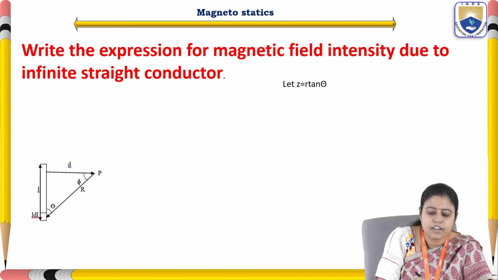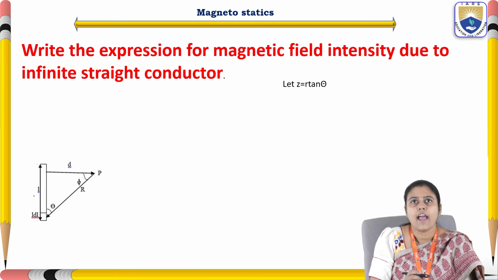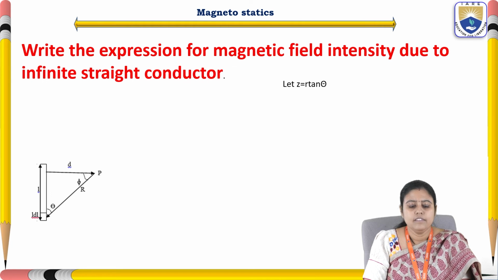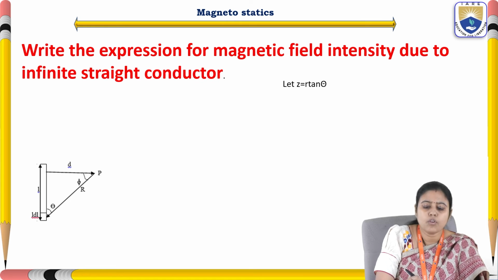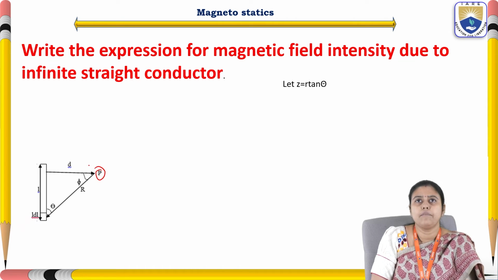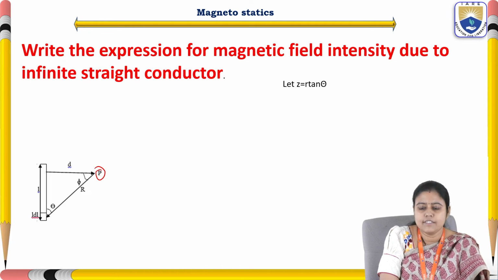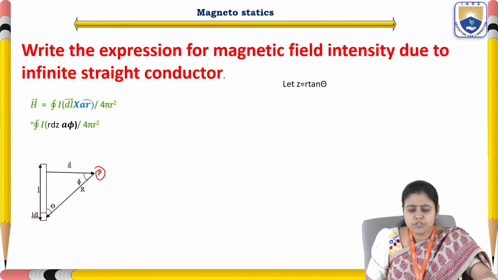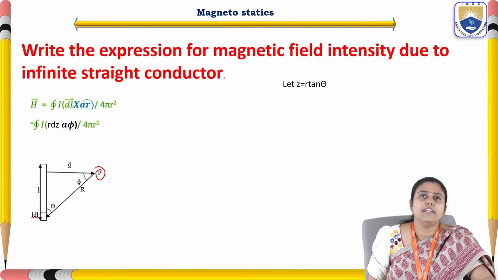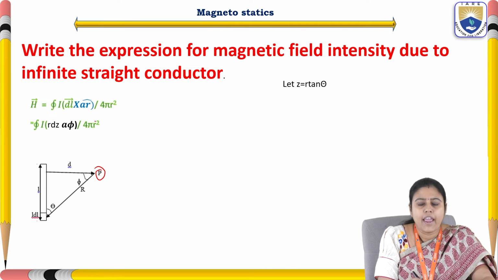Now think, this is an infinite straight conductor and the length is L. The amount of current flowing through it is I. We have to calculate the intensity at point P at the distance R. According to what we discussed earlier, the field intensity is I dl cross aR by 4 pi r square.